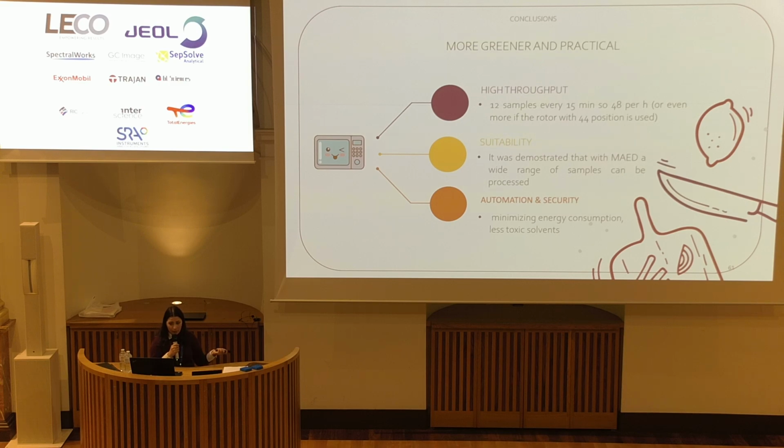It's sustainable, and it has been demonstrated that it can be used for a wide range of samples, and it also promotes automation and security, minimizing energy consumption and the use of less toxic solvents.